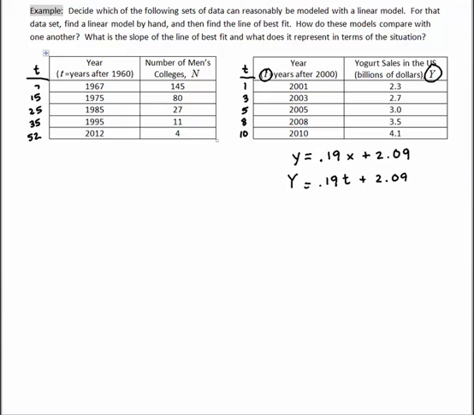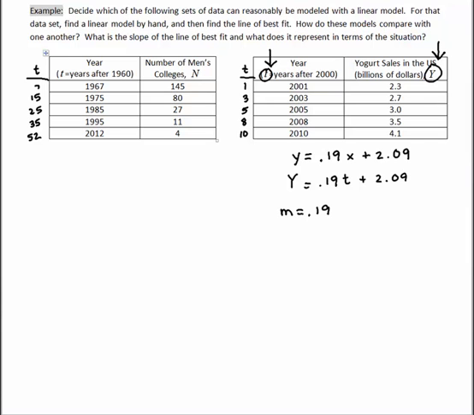The problem also asks us about the slope of the line of best fit and what it represents. Our slope is 0.19. And in this case, it's telling us about how the yogurt sales are changing with respect to time.